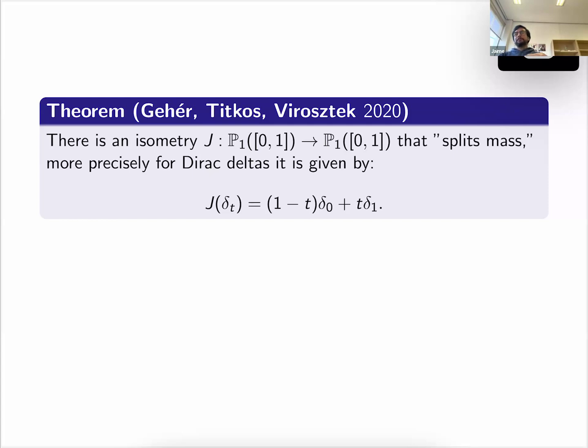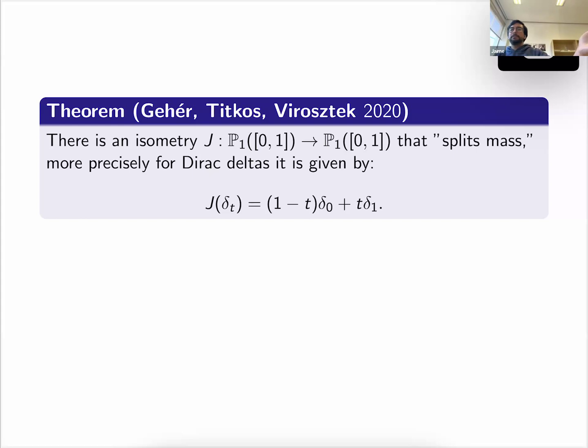More precisely, that sends Dirac deltas to measures supported in 2 points. That is, I take J of delta t, and it just sends 1 minus t mass to delta 0 and t mass to delta 1. So it takes a measure with 1 atom and sends it to something that has 2.